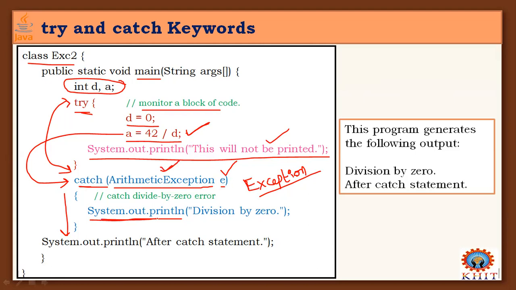And simply displaying a message to inform the user there is a division by zero error. After this catch block, I have given a statement after the catch block, which means that after handling this exception, control goes out of this catch statement. After these statements execute, the program terminates, right?